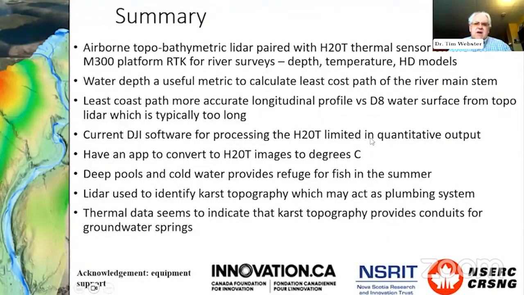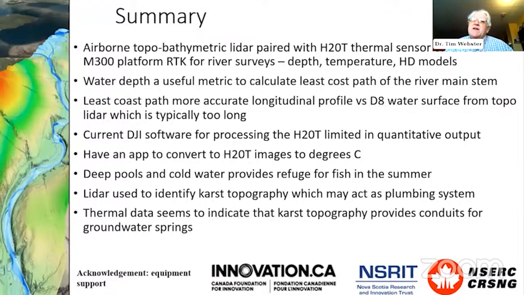So to summarize this little talk, the airborne LiDAR was paired with the H20T sensor. This is an RTK unit. We were able to pick up radio signal there, so the positioning was quite good with the RTK system. And we've worked out how we can make use of that data in order to geocode these thermal images.